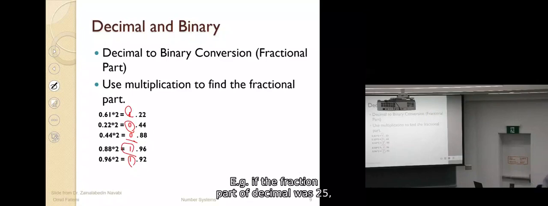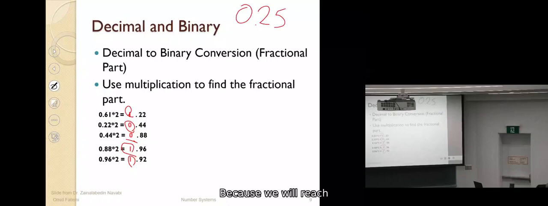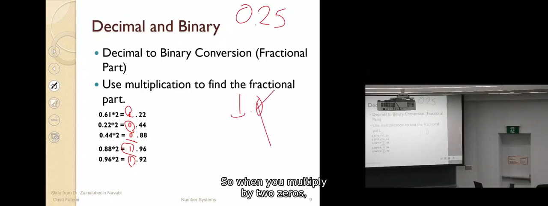For example, if the fraction part of decimal was 0.25, it was ending after 2 multiplications, because we will reach a point where the multiplication is 1.0, so we get 1, and then this is 0, so when you multiply by 2, it is 0, 0, 0, 0. But here it will continue. So 0.92 times 2 is 1.84. Again, 0.84 times 2, and so on.